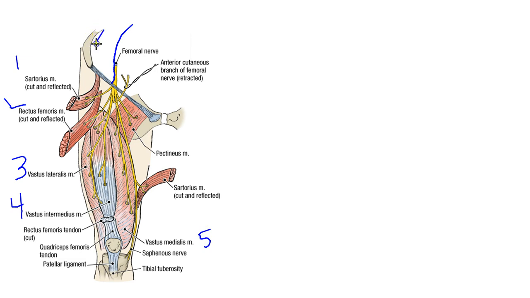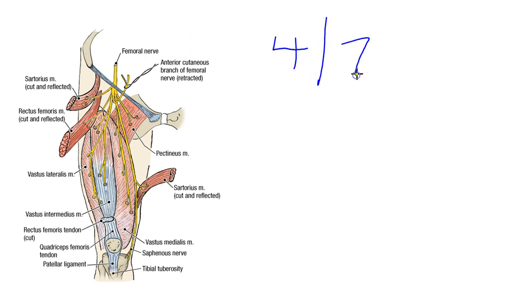Here I'll draw in the 6th one over here. This is iliacus. And then number 7 is psoas, but psoas, which is over in this region, is actually innervated by branches of the lumbar plexus. So again, to summarize, 4 of the 7 muscles cross the hip joint.